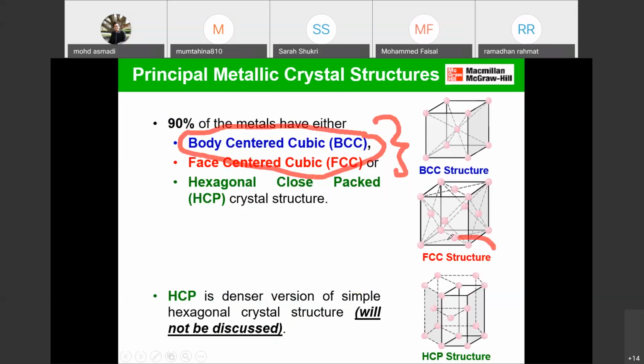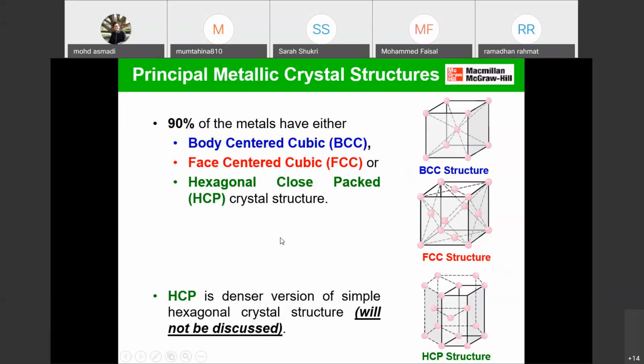Please remember FCC: they have atoms on the faces of the unit cell, which is 6, while the body centered has 1 atom at the center of the cube. You have to remember that.